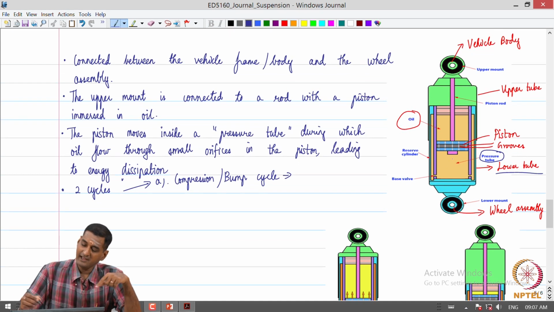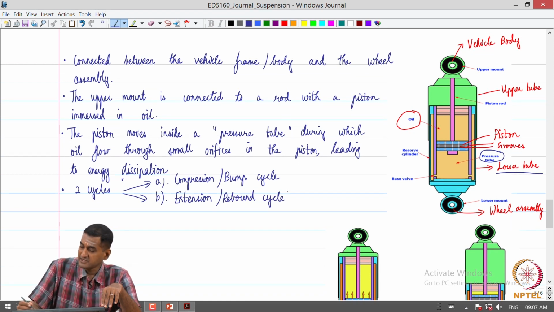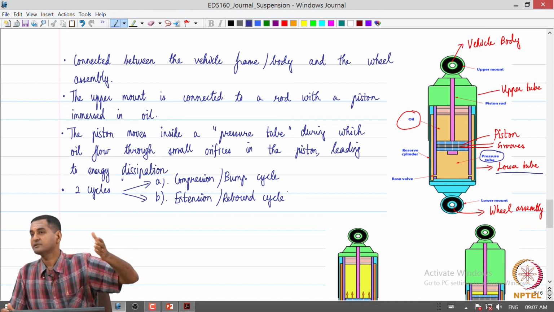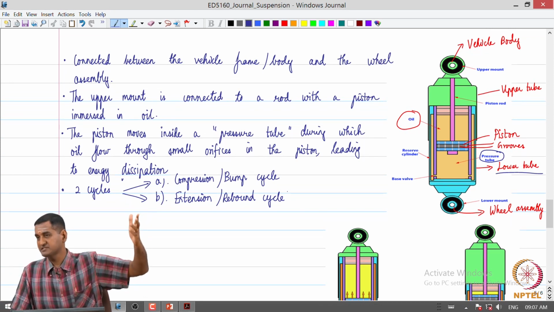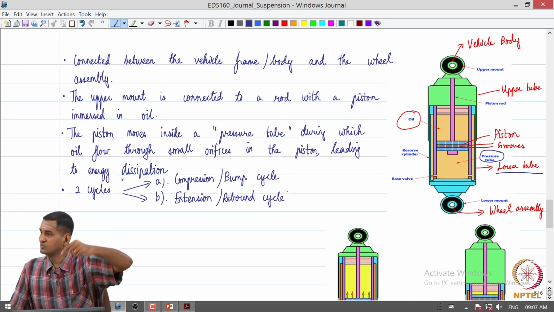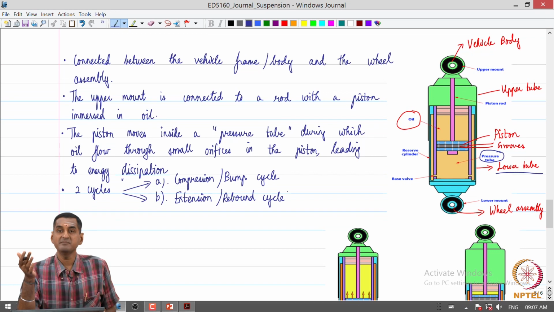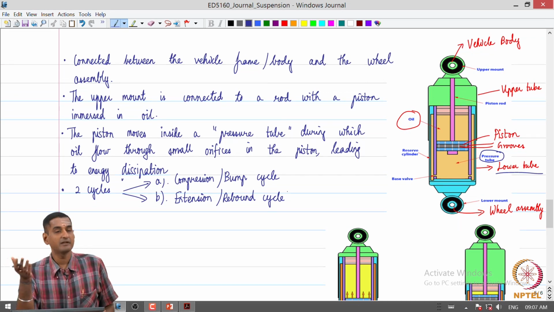In the extension or rebound cycle, the piston moves upwards relative to the pressure tube. So the fluid above the piston is pressurized, and the fluid flows downwards with respect to the piston. So, for example, when are we going to have a compression or a bump cycle?